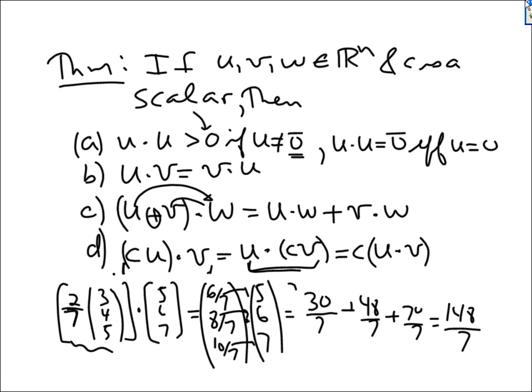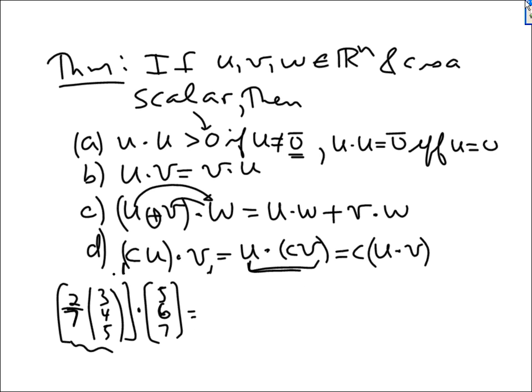I'm not saying you're not going to have to deal with fractions. Okay, you want to deal with the fractions as little as possible. I think you should do the dot product first and then deal with the scalar multiplication of this number. So you have 2 over 7, and you want to multiply that by this dot product.